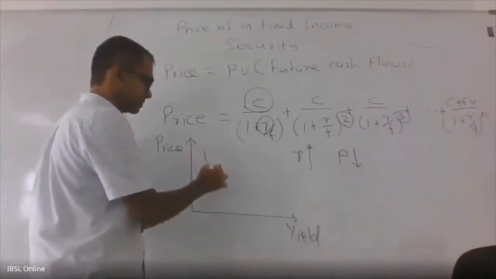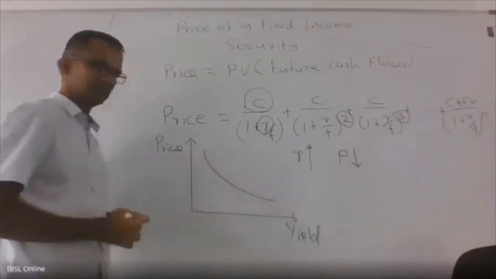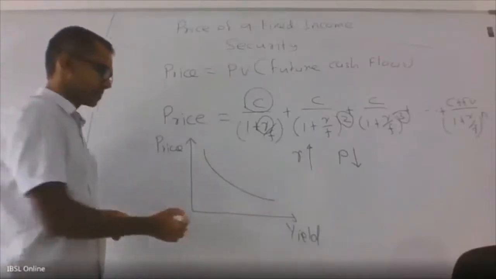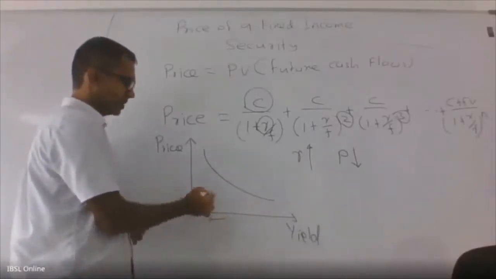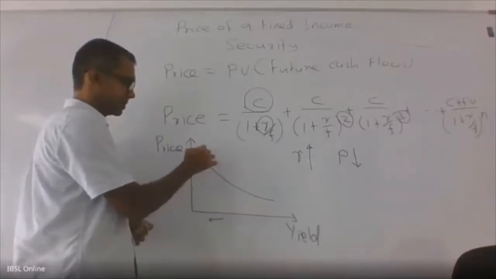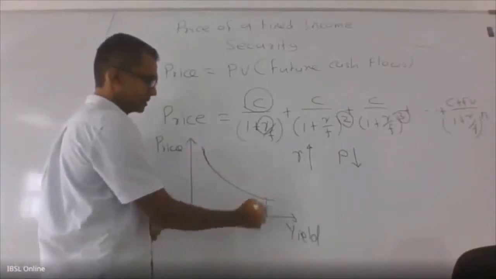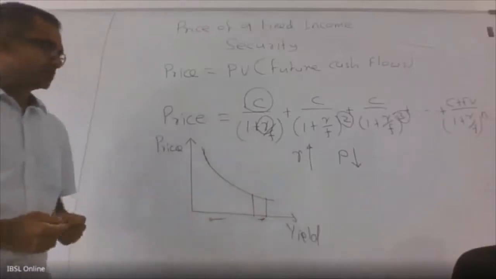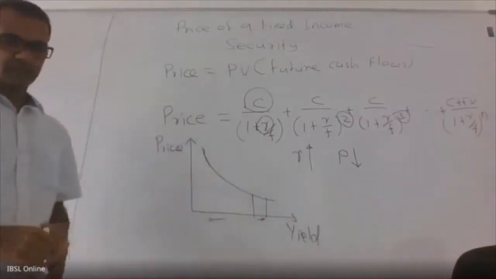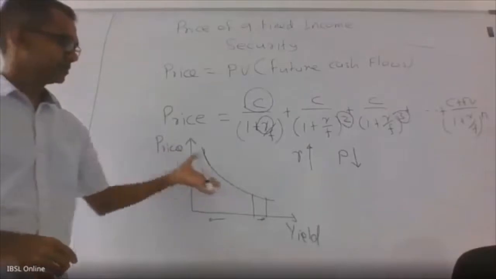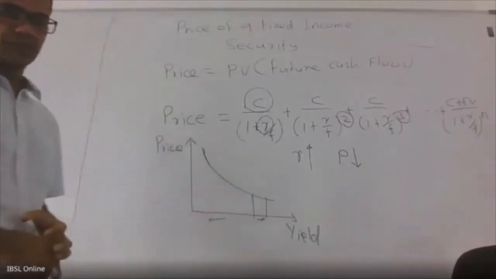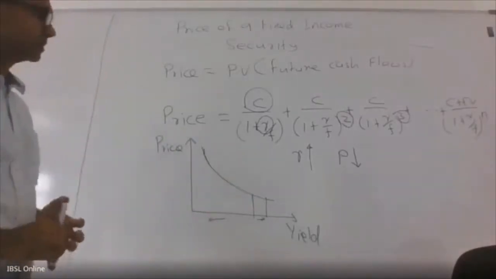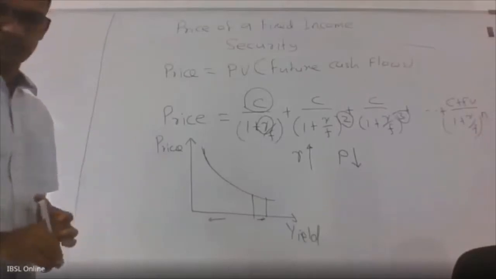It will be a curve like this. At low yield levels, price changes are higher than price changes at higher yield levels. So the shape of the curve would be like this. These are the basics that we discussed.